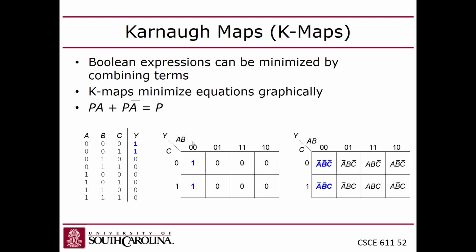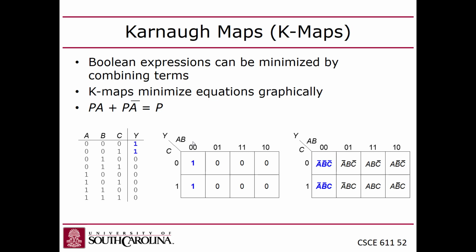Not A, C. So I'm looking for the first two columns, not A. A is 0 in the first two columns. And then C, again, is the second row, right? So that would be these two guys. I was going to say you're only filling it out based on that equation down there, right? Right, yeah. So if I have this, I can put the 1s in there.